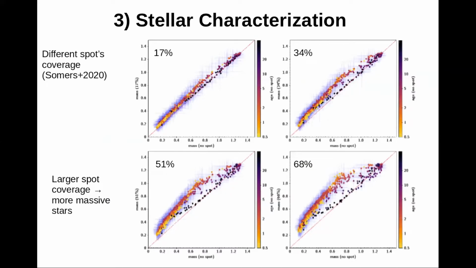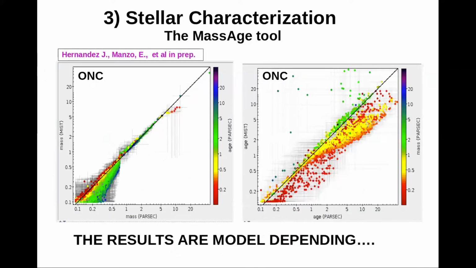Yeah, well, I still have this problem that systematically in some models, the ages are different if you consider different stellar masses.